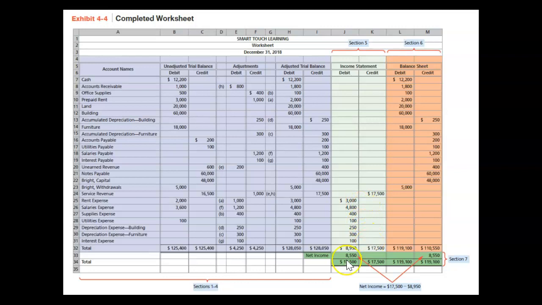And then what we do is we just add up those two numbers, which are going to equal this number. And we just do this last line to kind of show the reader that everything worked out. Hopefully that makes sense. Use this exhibit to help you. This is a sample that is there for you to help you whenever you have to do any worksheet.